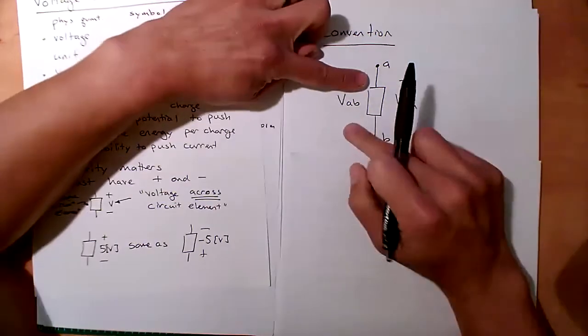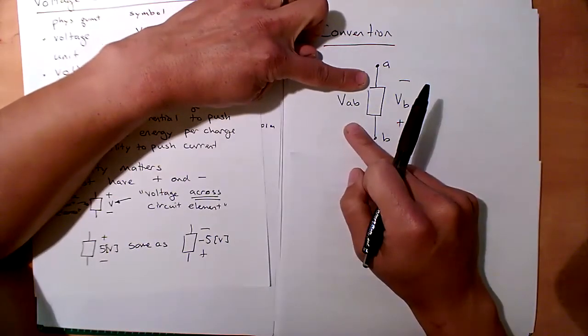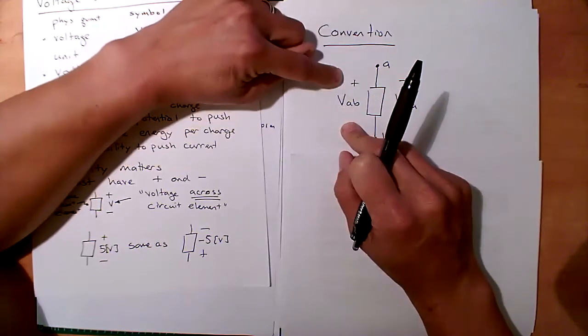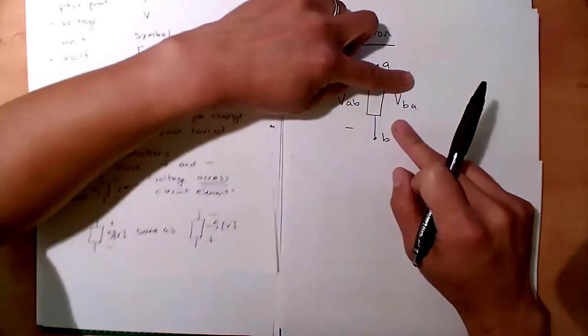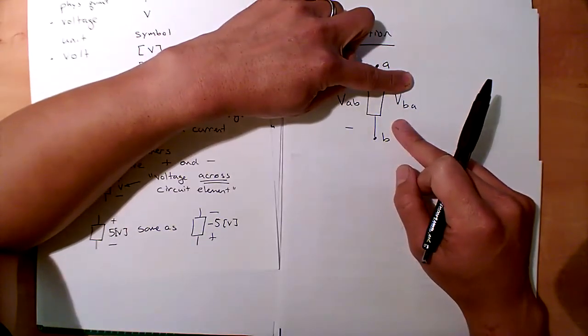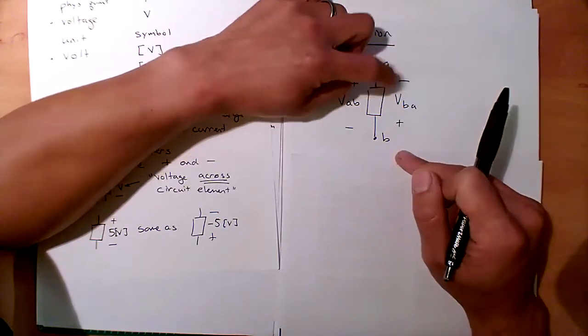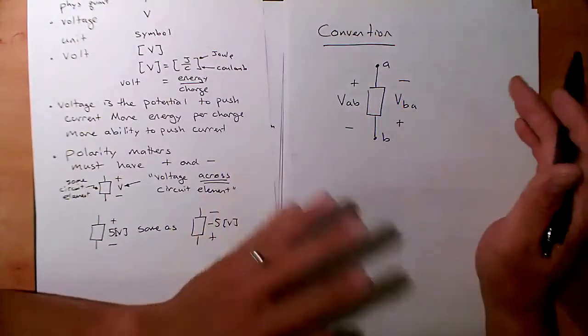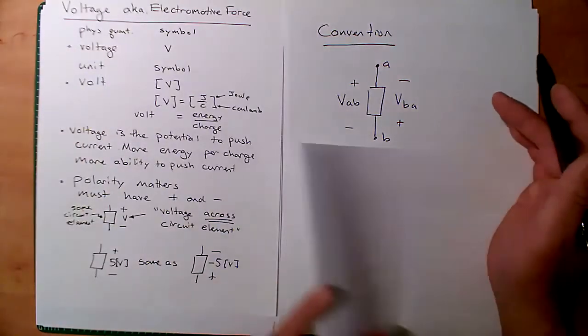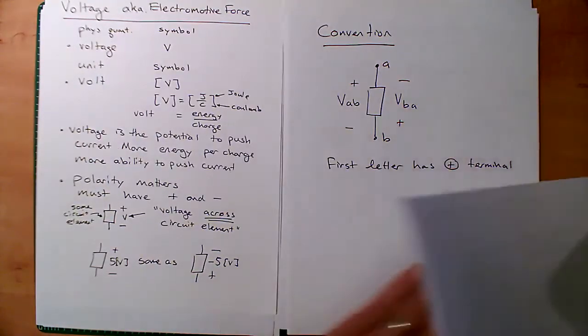So if you had VAB without the positive and negative marked, you would know to put the positive wherever the first letter is. In this case, A, so it'd be up there. If you see VBA, you would know to put the positive at B, so that's down here, and then the negative follows. Okay, not too bad. Once you get it, you're like, okay, no problem. The first letter has the positive terminal.